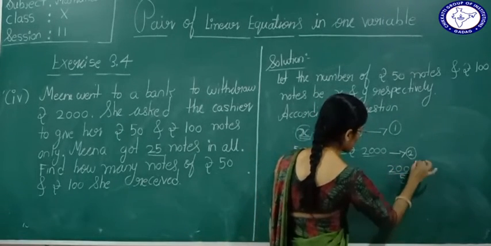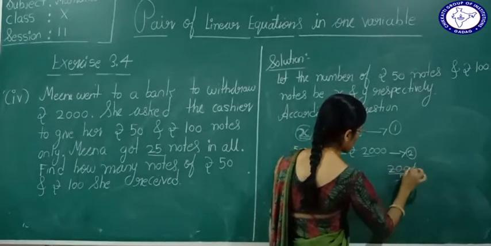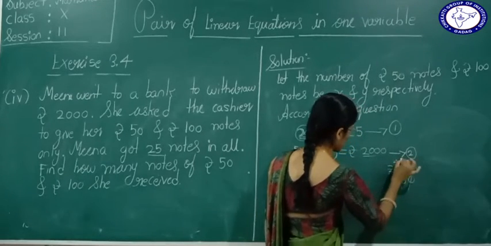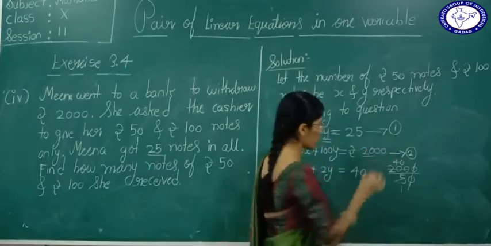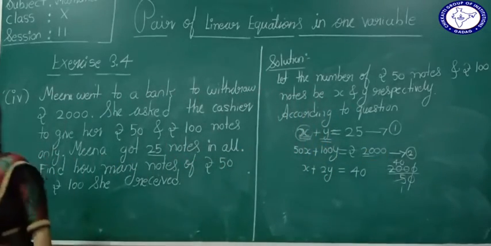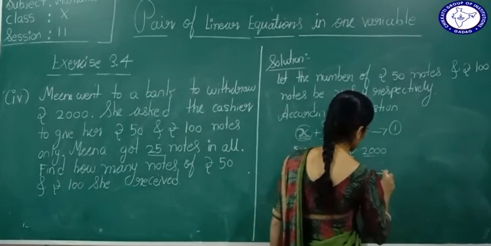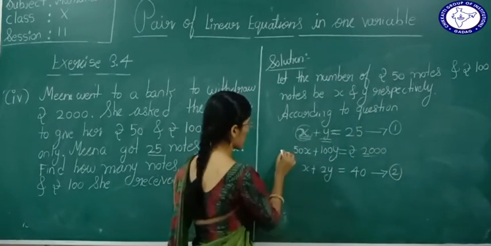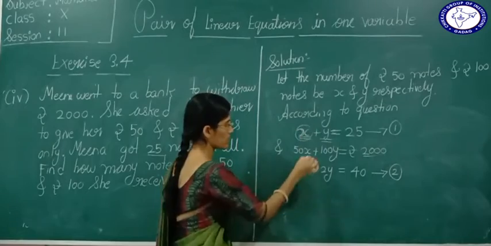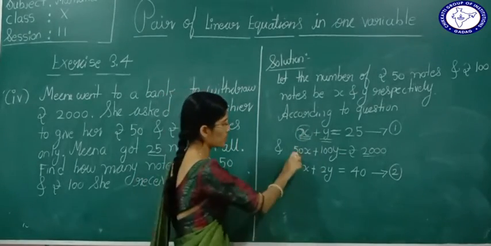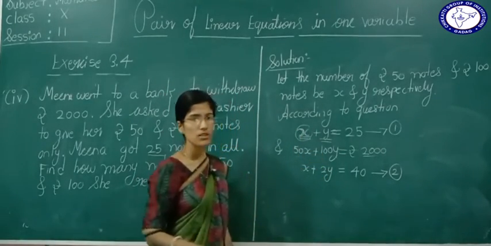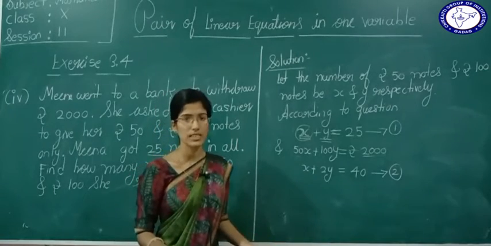What will it become? 5 fours are 20, so it becomes 40. For this we call it equation number 2. So according to the question we got equation 1 and equation 2. If you simplify, our work will become very easy.